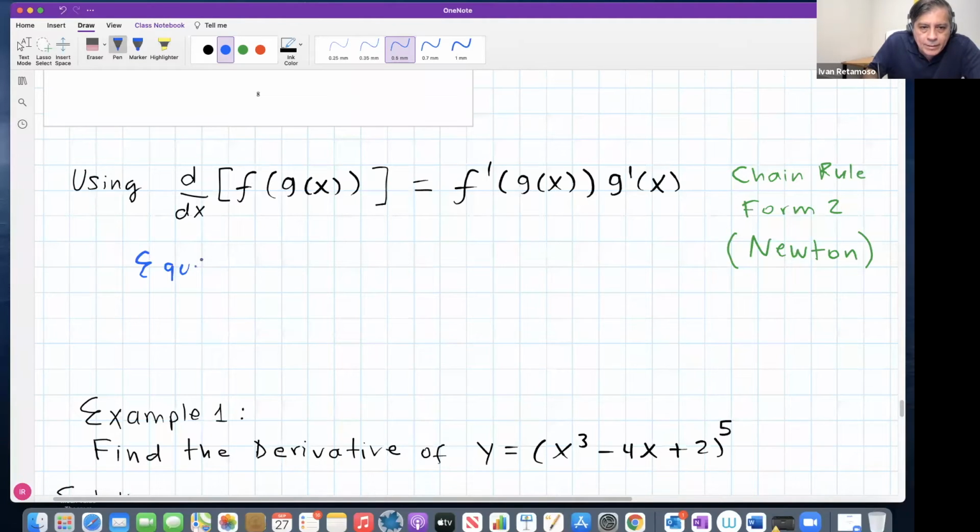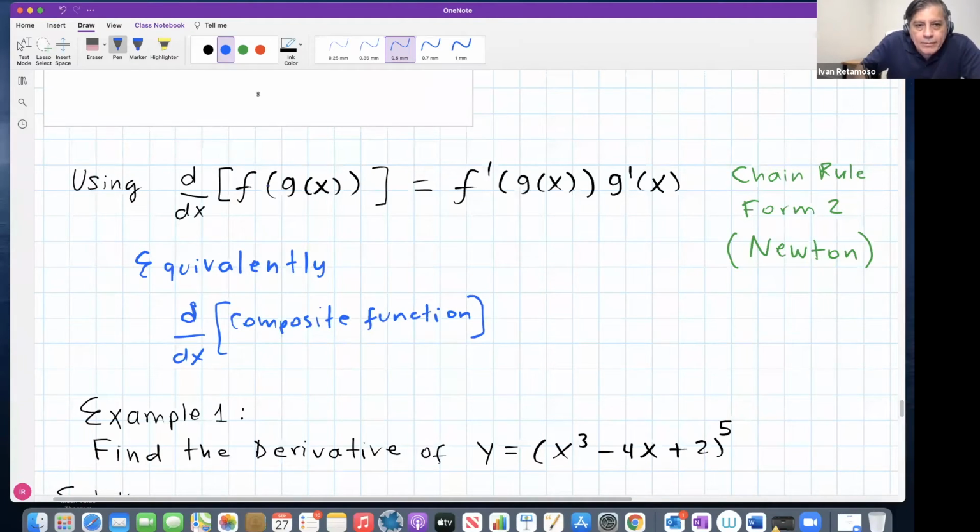Equivalently, the derivative with respect to x of a composite function will be equal to the derivative of the outside function, the one that goes outside.